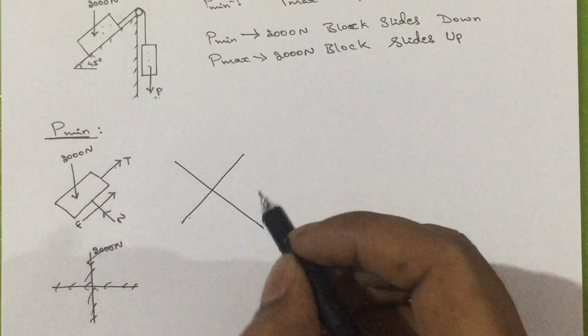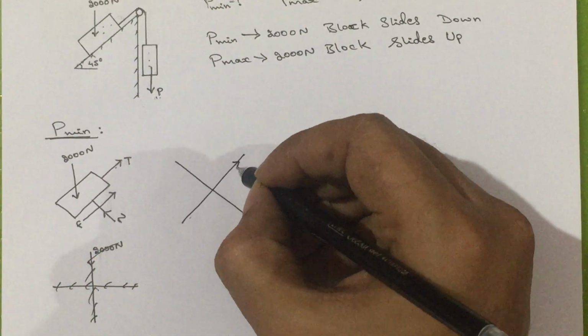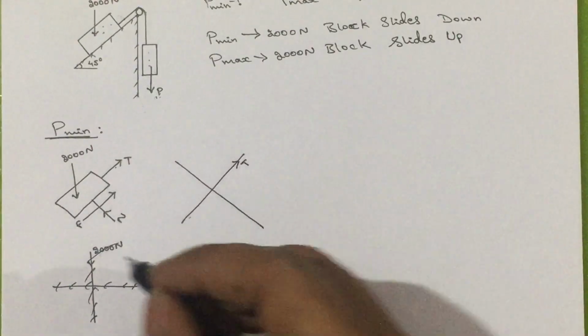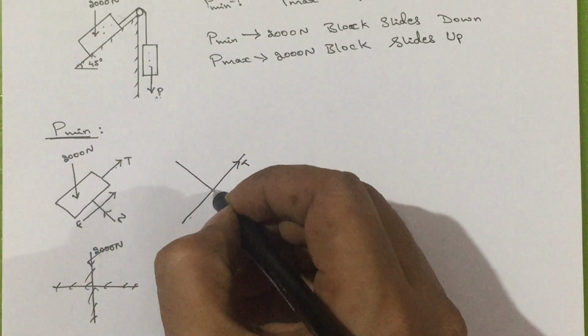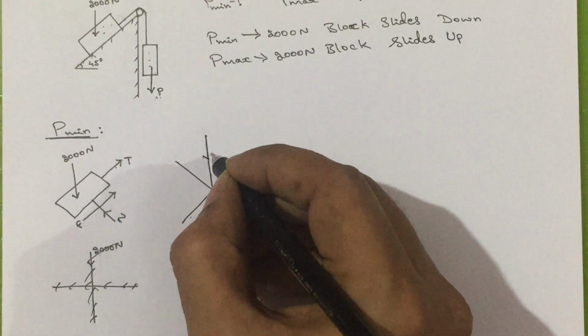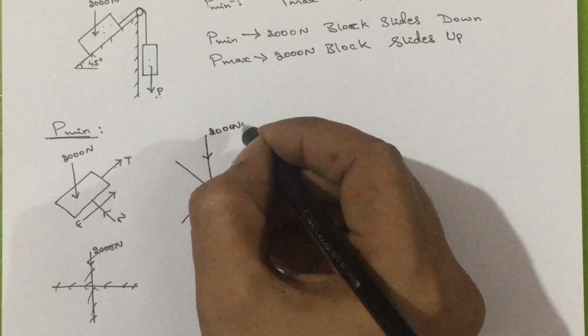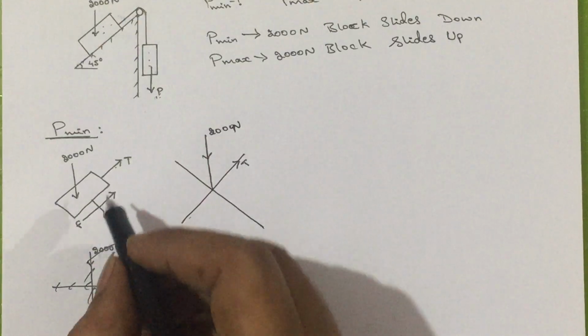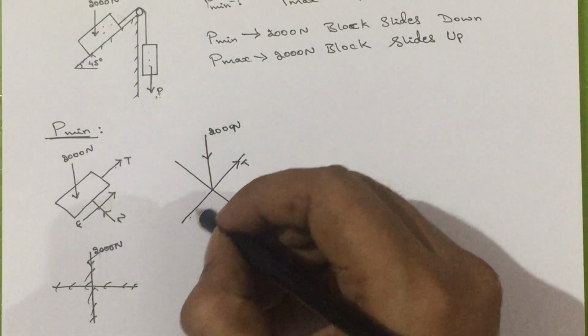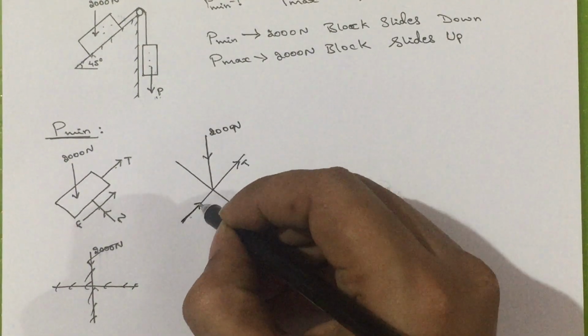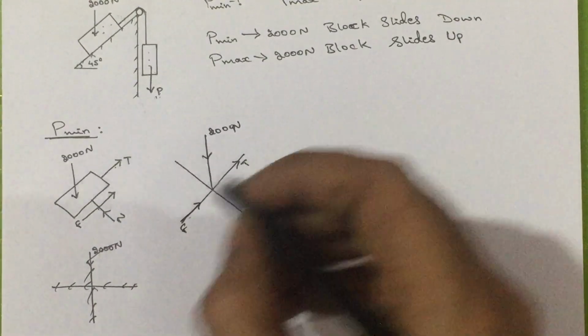I will start from the T force, T. So it is acting along the plane, write it down. Then 2000 Newton, write it here, vertically downwards. Then F, it is going upward, so you can write it here or here, wherever it is.